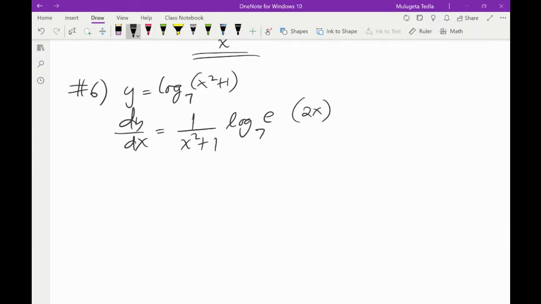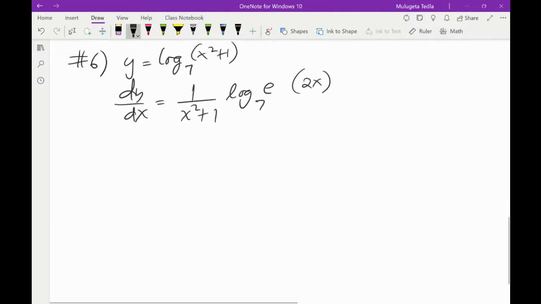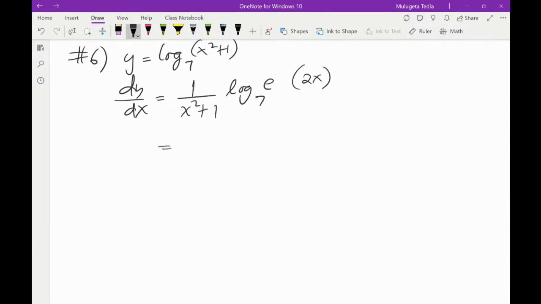Thank you, perfect. You're right. I just want to make sure the 2x is in brackets. So then I can bring out that 2x up front, so as not to confuse it with multiplying by e. We can't multiply that because this is 1. So 2x over x squared plus 1, log of e to the base 7, is the answer.